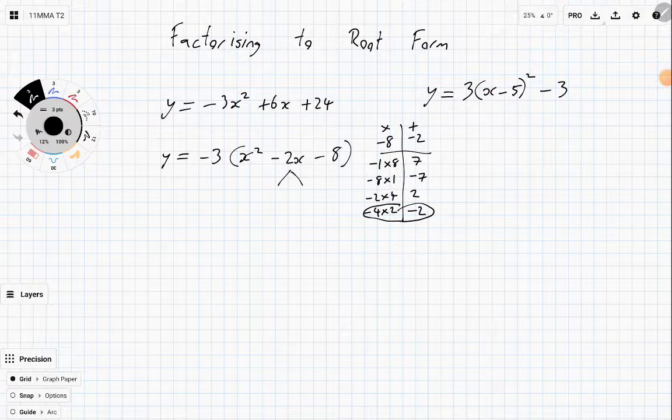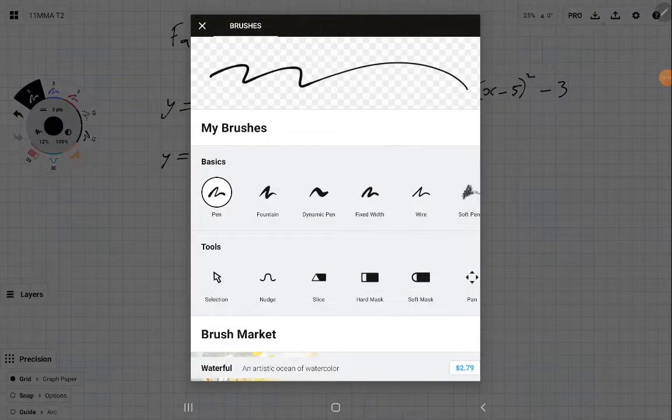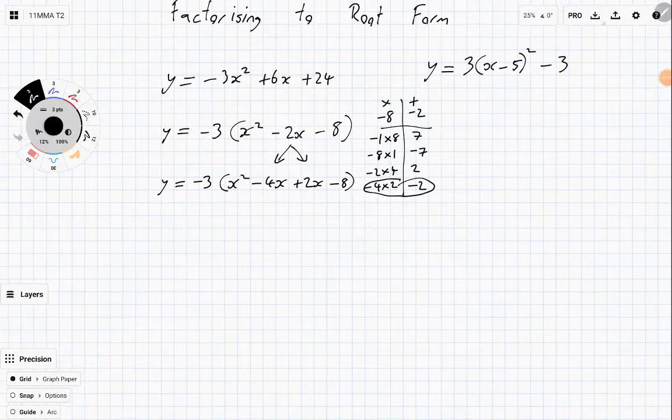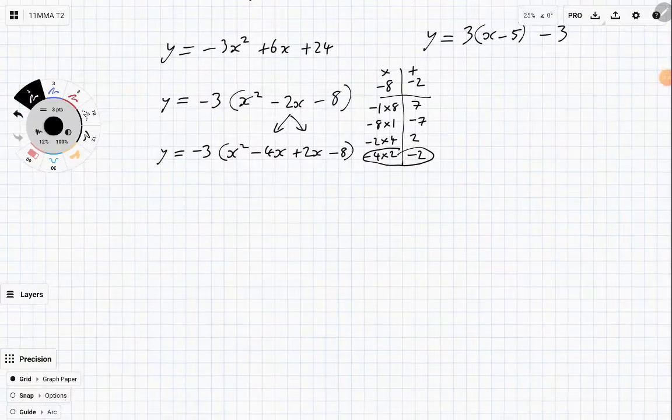So I'm going to decompose in the middle here. So we're going to get y is equal to negative 3 times x squared minus 4x plus 2x minus 8. Notice we haven't changed it because minus 4x plus 2x is still equal to negative 2x. Now I'm going to do my bit by bit factorizing.